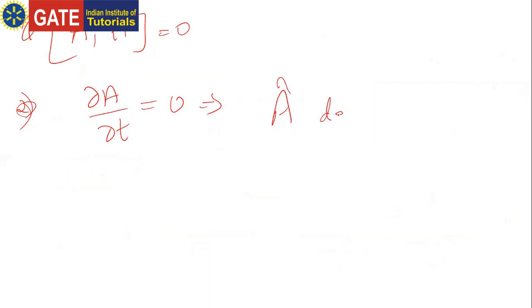[A, H] equals 0, and ∂A/∂t equals 0 since A does not depend on time explicitly.